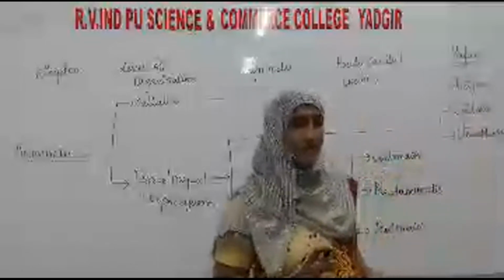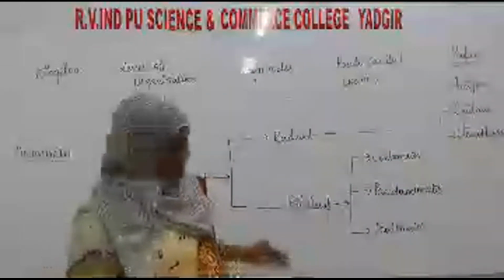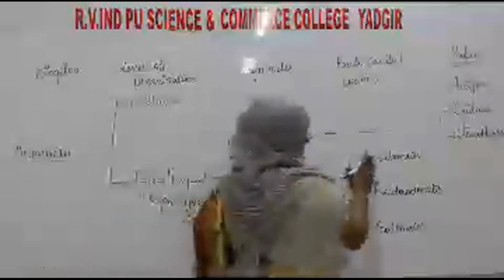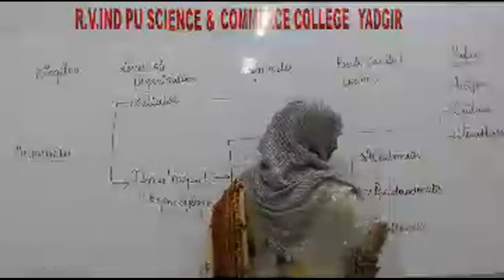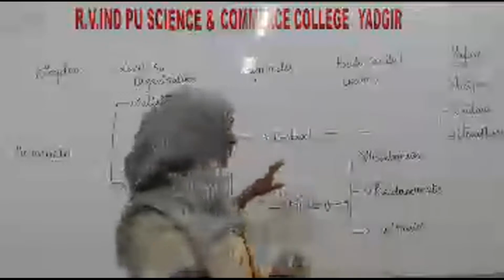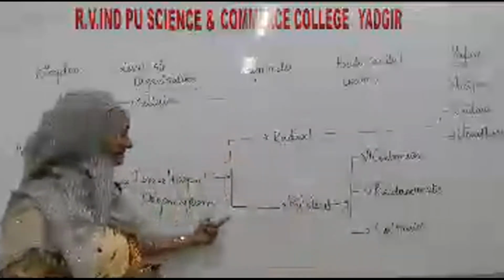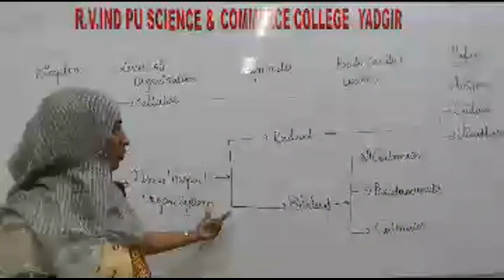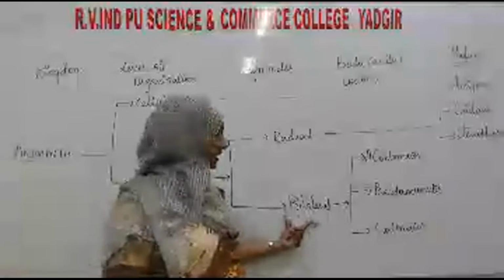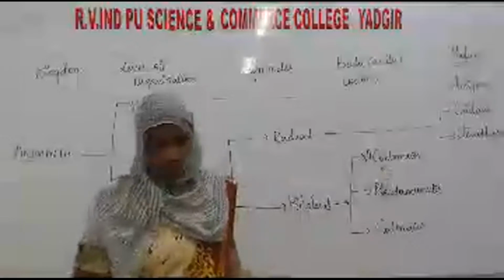Okay, understanding? The next, animals with tissue, organ system level of organization with bilateral symmetry, not radial symmetry, and acoelomates, which means they will not have any coelom.